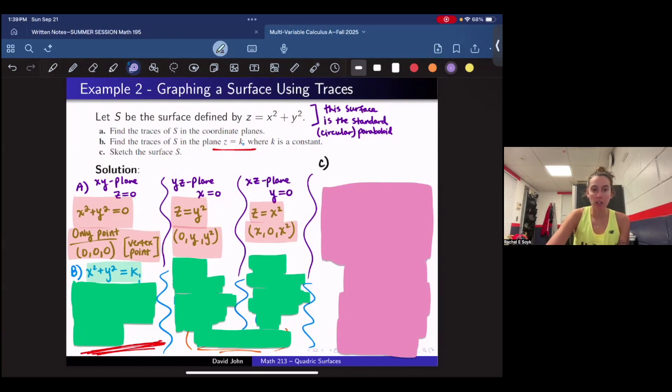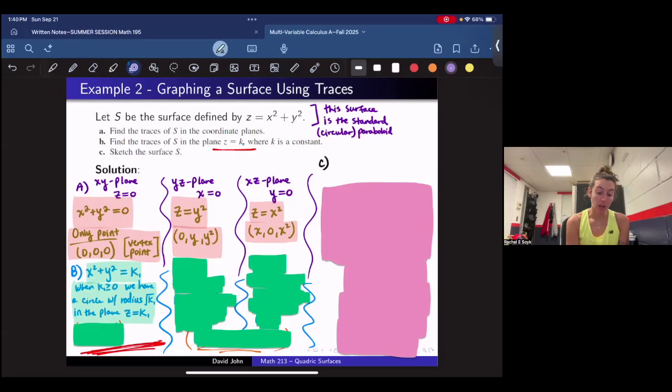Obviously, we are dealing with positive values because radii can't be negative. So we want our k1 to be greater than 0. And then we have a circle with a radius of the square root of k1 in our plane z is equal to k1. Okay.